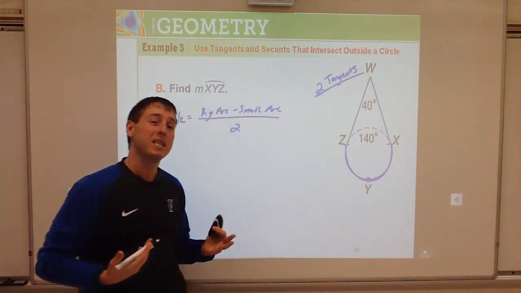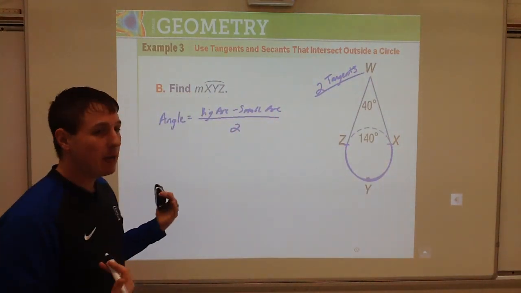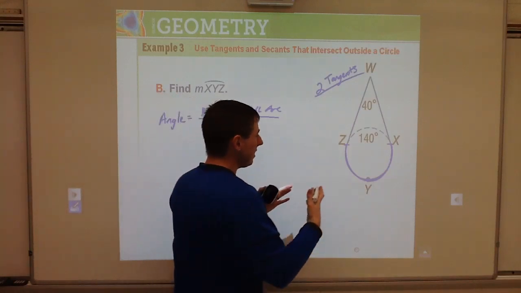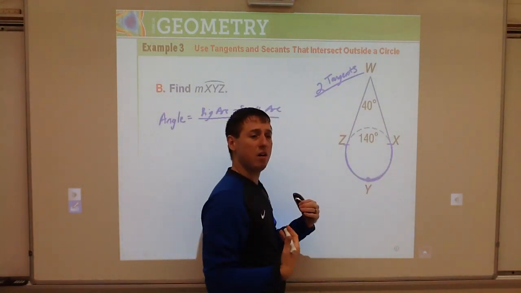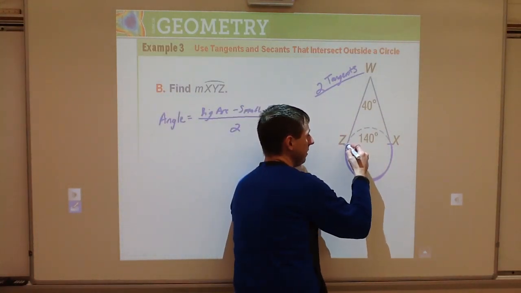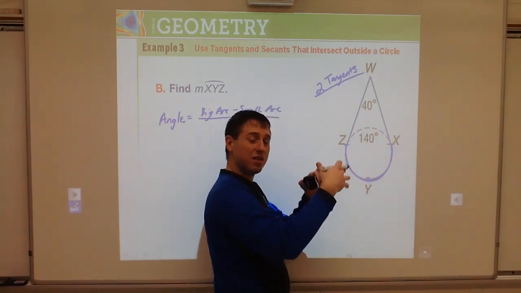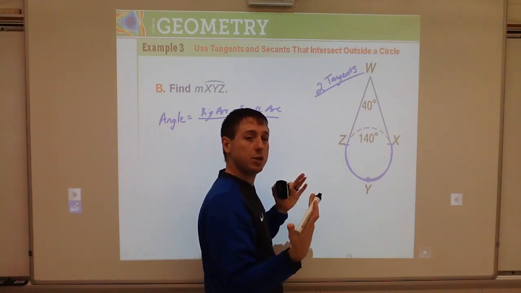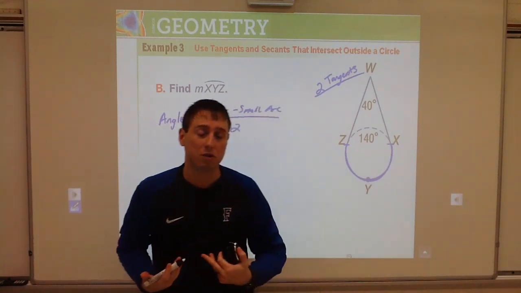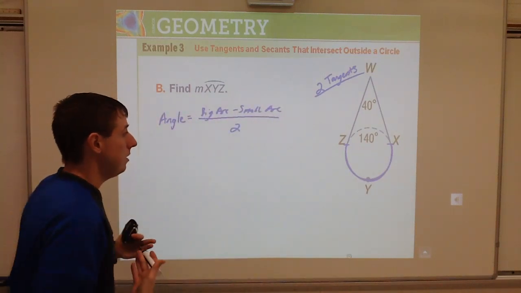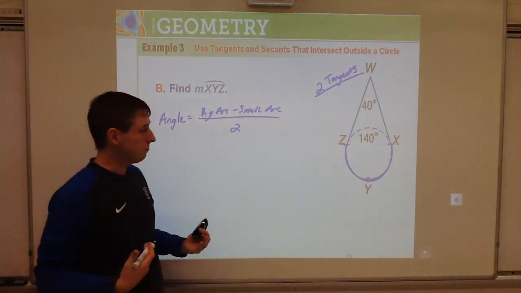two tangents are probably the easiest ones, because they really can't make a tough example. There isn't any part of the circle being cut off. Like from Z and X, we got this part of the circle and this part of the circle. There's nothing cut off that I'm not using. So if I'm using the full circle, just think logically here. How many degrees are in a circle? 360.